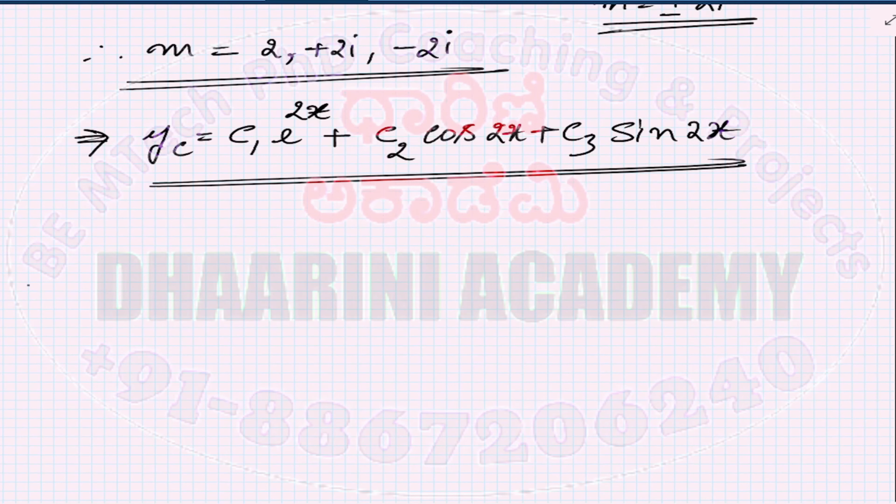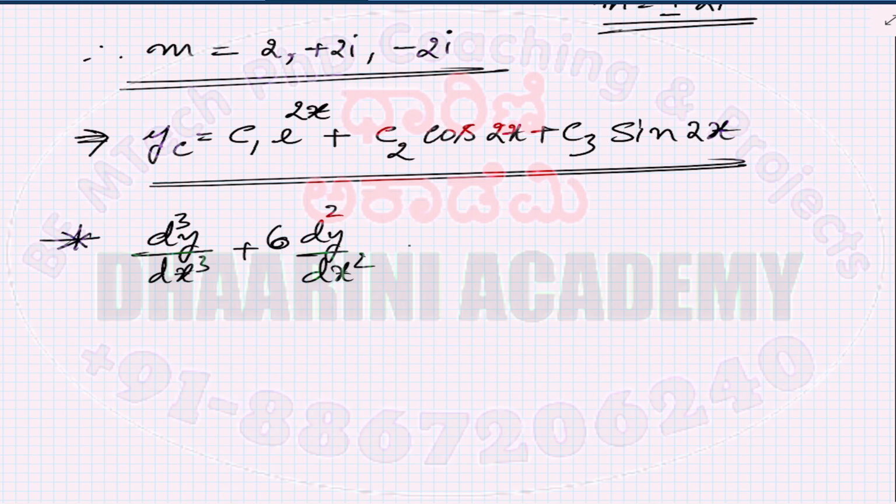The next question is d cube y by dx cube plus 6 times d square y by dx square plus 11 times dy by dx plus 6 times y is equal to 0. Okay, so I know that my steps are going to remain the same, so I directly go to the next step.